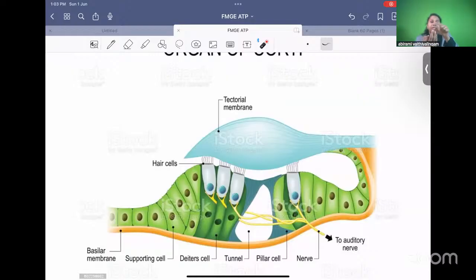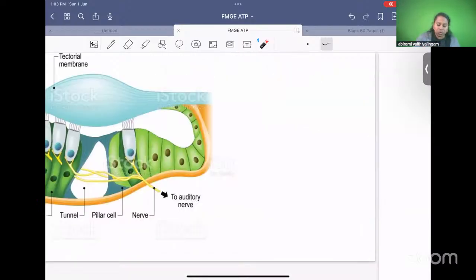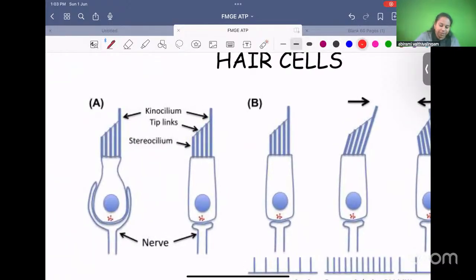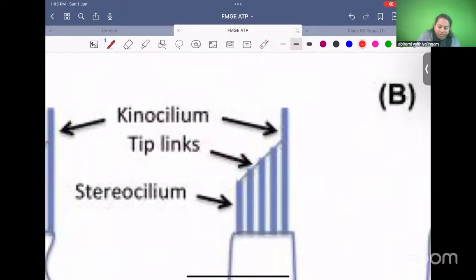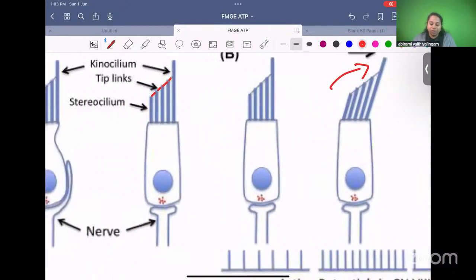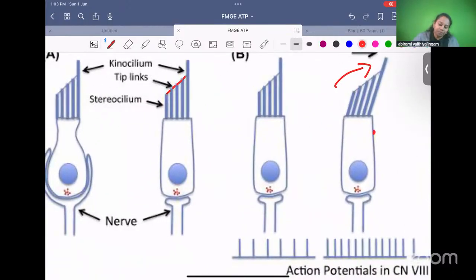They are all connected by tip links. So when the stereocilium moves towards the kinocilium, the tip link moves, and there is opening up of cation channels, and a cation enters inside. Which cation will enter inside?